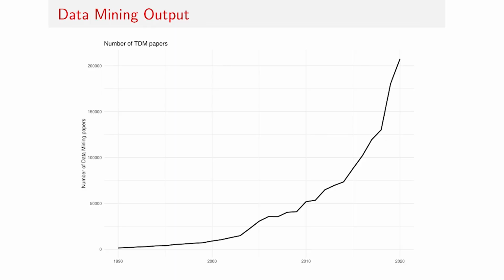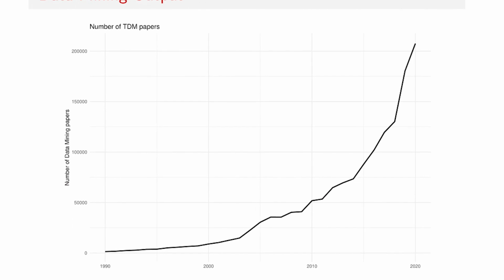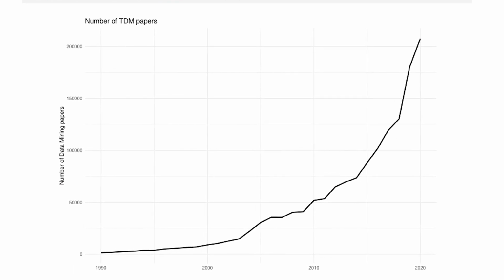This is the representation of the evolution of TDM papers, the absolute number of data mining papers each year for the whole period. As you can see, we've experienced an exponential growth in this kind of research, peaking at 200,000 data mining papers produced in 2020, which is the highest in our history.